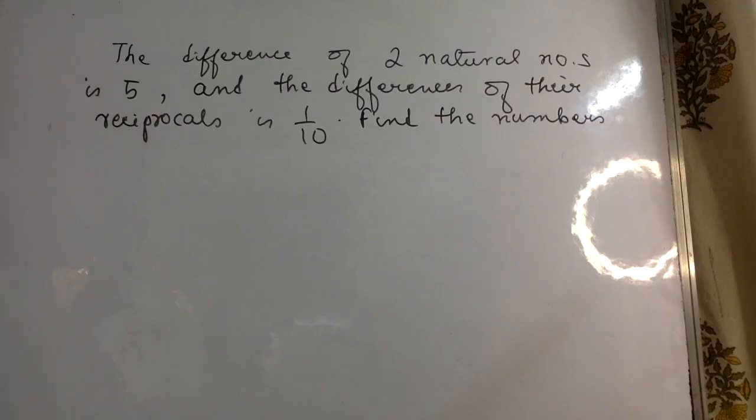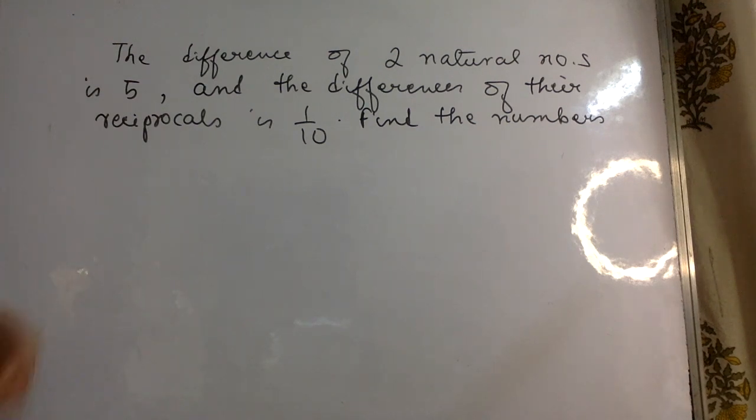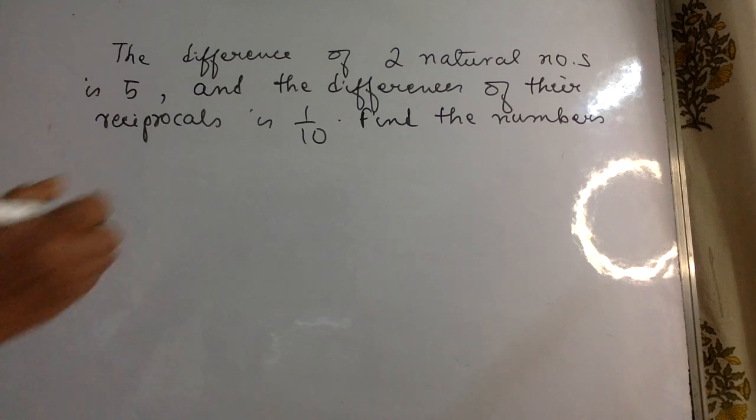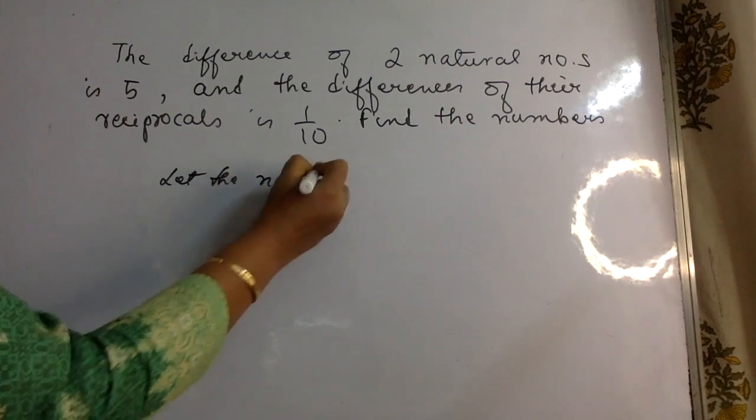The difference of two natural numbers is 5 and the difference of their reciprocals is 1/10. Find the numbers. There are many more sums based on numbers, but I have picked up only one, because I have left out the easier ones. So, the difference of two natural numbers: let the number be x.